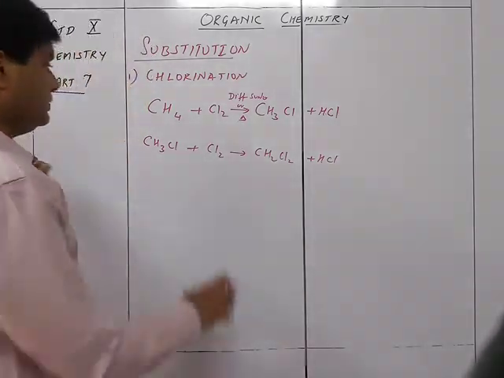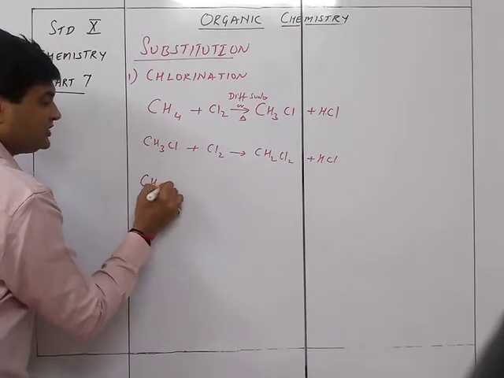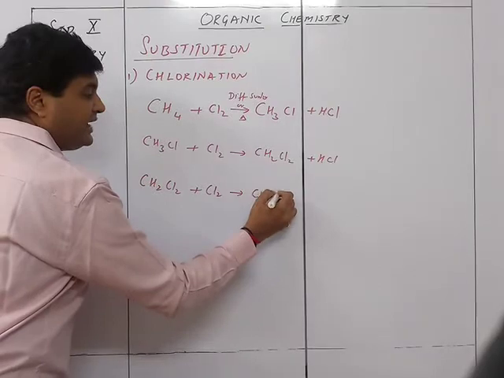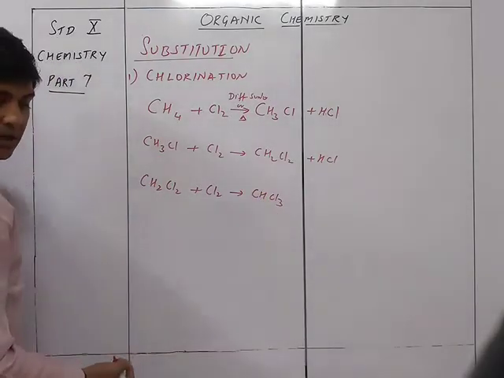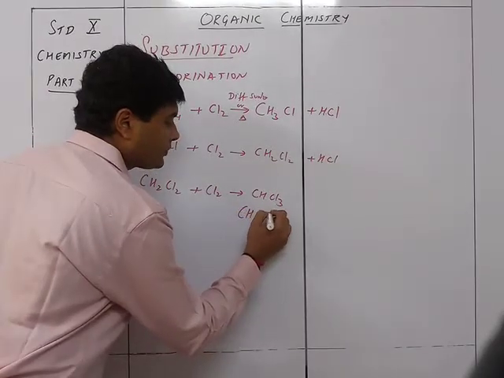Okay. So now it is dichloro, now the third. So this dichloromethane CH2Cl2 will react with Cl2 again to give you CHCl3, which will be trichloromethane. Now trichloromethane is also called chloroform.